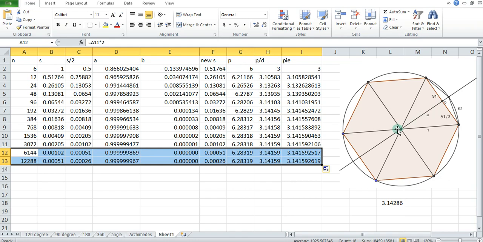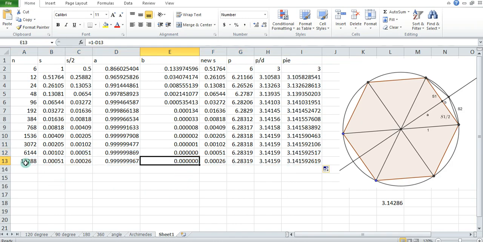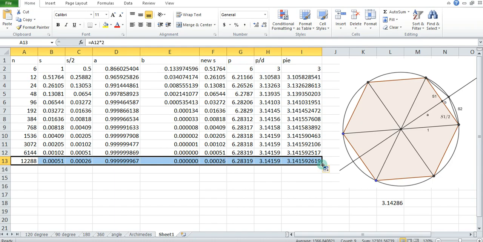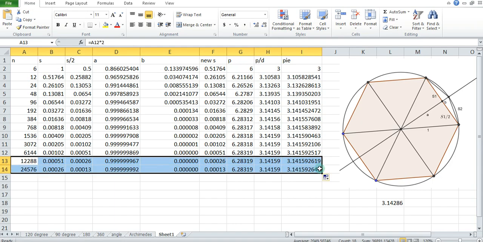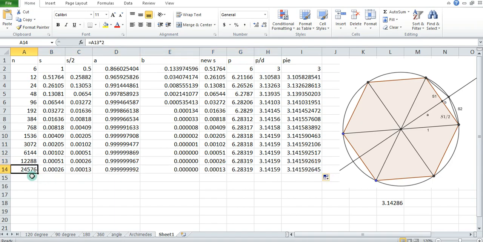There is no space between this polygon and circle. It will already become 0. Let's go more. Here I took the 24,000 side regular polygon. So here 3.141 is the value for pi.